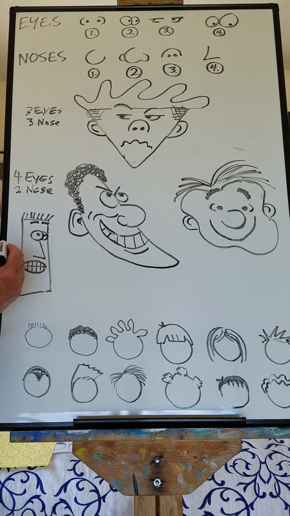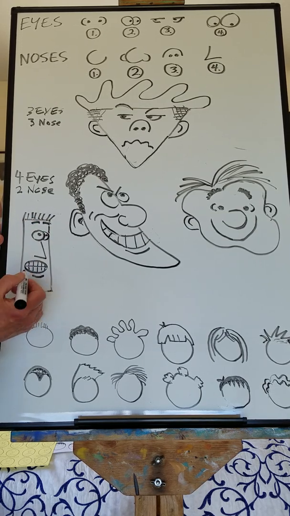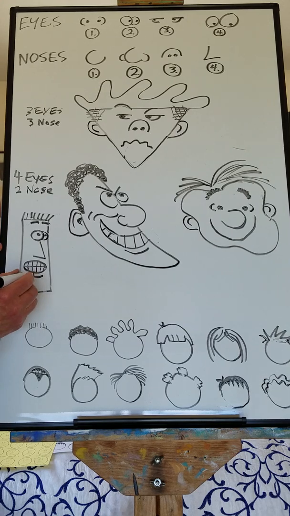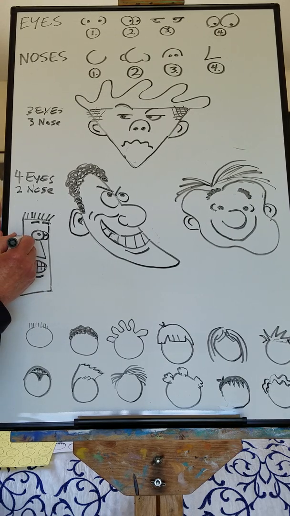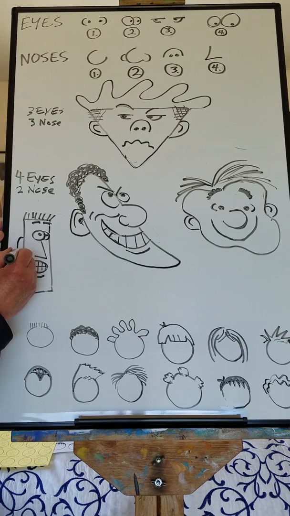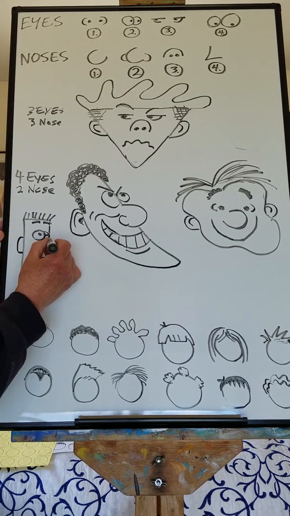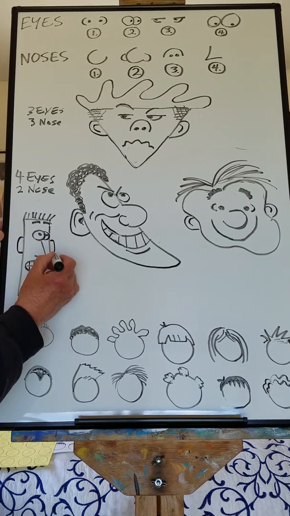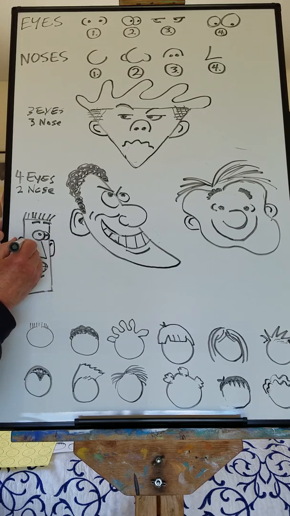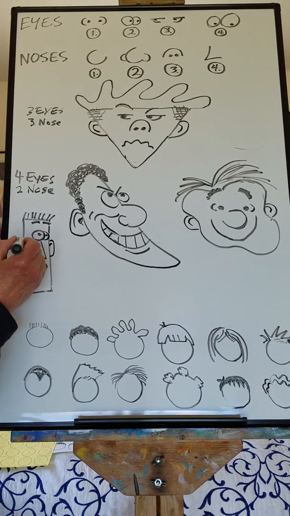So since he has kind of a rectangular face here, and we can do that little trick with the lower lip, let's give him kind of rectangular ears. Usually the ears go between the eyes and the nose. How's that?